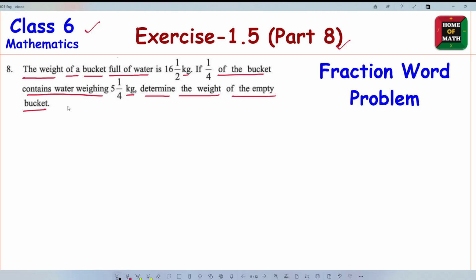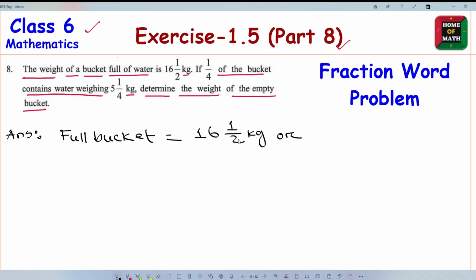First, we can write full bucket equals 16 1/2 kg, or we can write 2 times 16 is 32, plus 1, it means 33/2 kg.